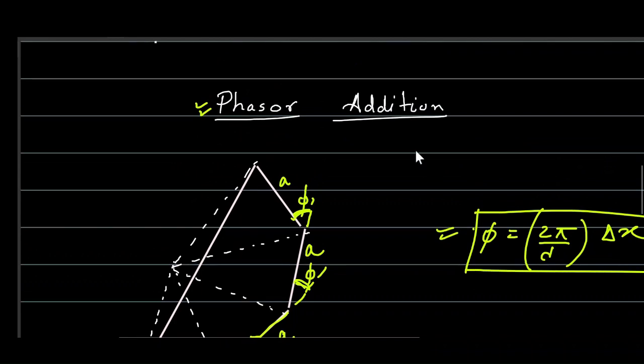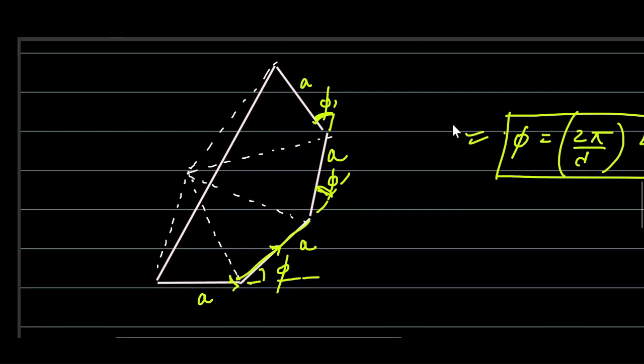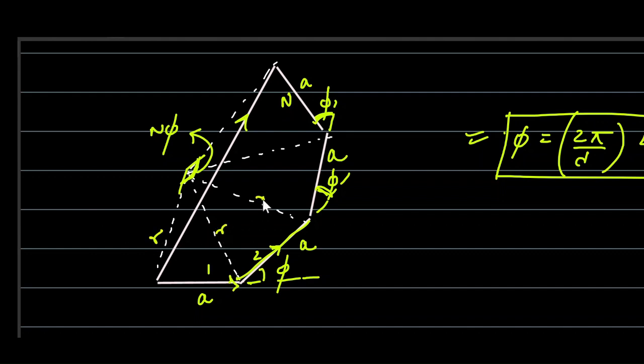We'll use phasor addition to calculate the net phase difference and the net resultant amplitude, which is this big arrow. This whole angle could be written as n times phi. If this is the first one, second one, and so on, then the nth one we can write as n times phi. From simple geometry we can observe this. Let's call these sides R, R, R, and R.